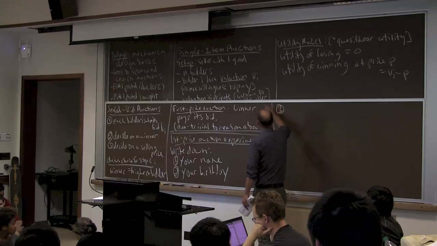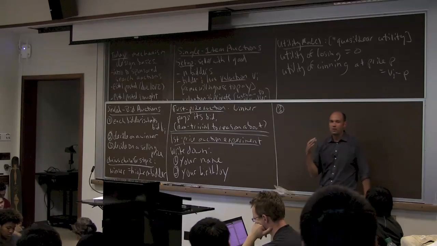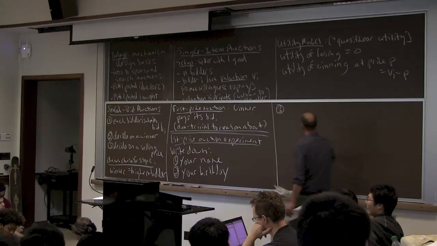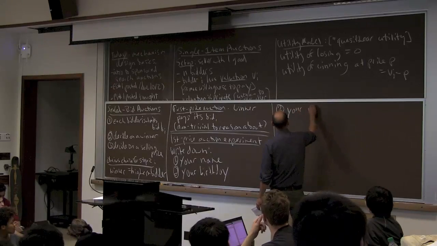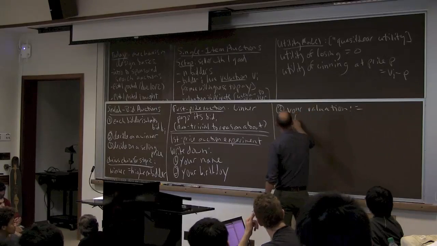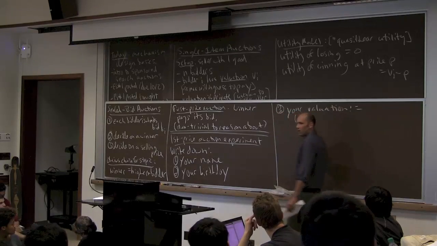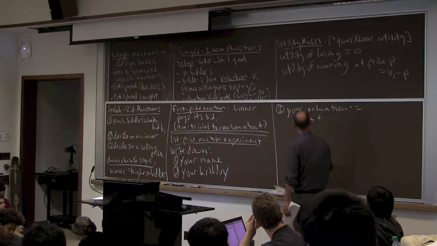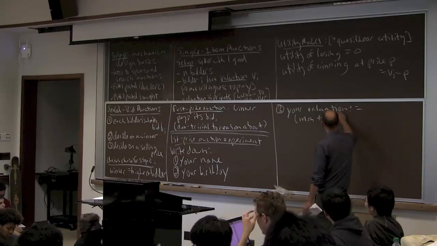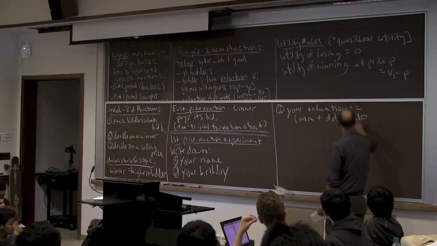The reason I don't want you to lie about your birthday is because your valuation is going to be a function of your birthday. So I'm going to define your valuation as the 2-digit number of your birth month, plus the 2-digit number of your day, times 10 cents.